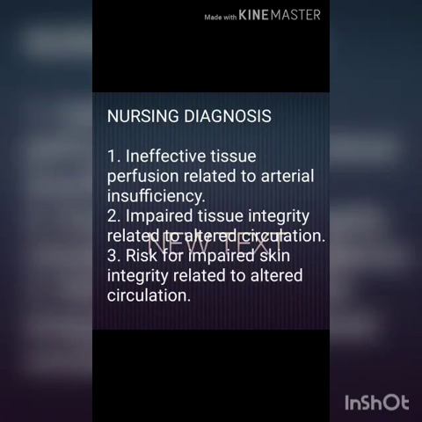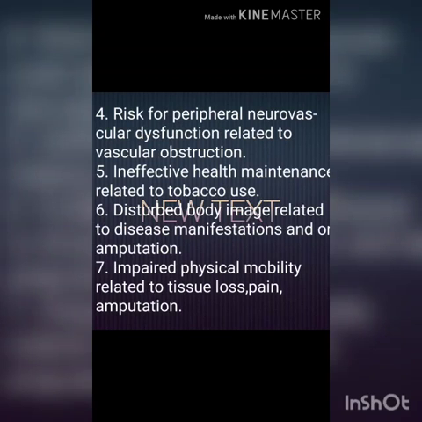Nursing diagnosis: ineffective tissue perfusion related to arterial insufficiency, impaired tissue integrity related to altered circulation, risk for impaired skin integrity related to altered circulation, risk for peripheral neurovascular dysfunction related to vascular obstruction, ineffective health maintenance related to tobacco use, disturbed body image related to disease manifestation and/or amputation.